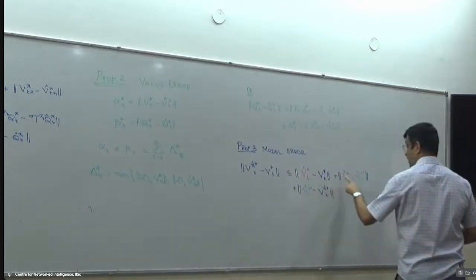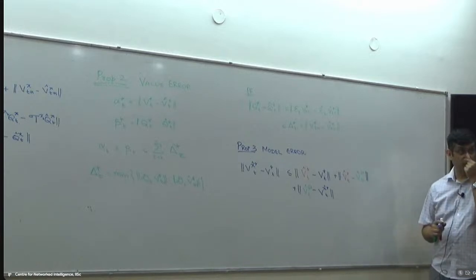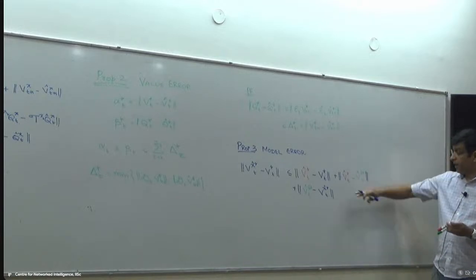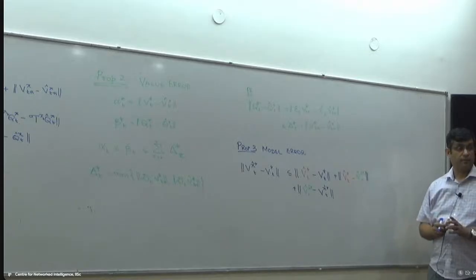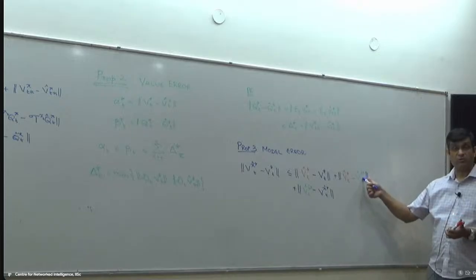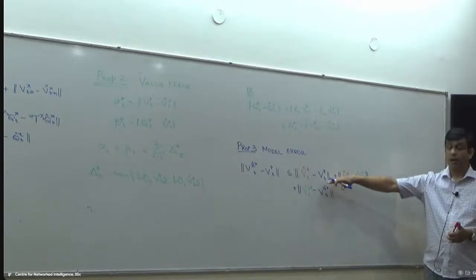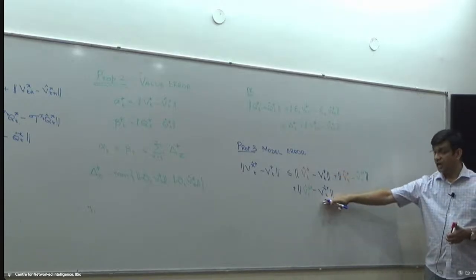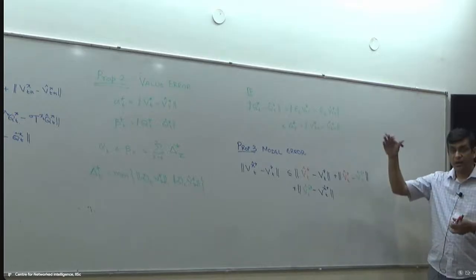I'm adding and subtracting the red term, and then adding and subtracting the green term. The main observation now is that the red term and the green term are identical, because this guy was the optimal policy of the hat model. The first term I know how to bound, the last term I know how to bound. So, I am done. Rest of it is just moving things together.